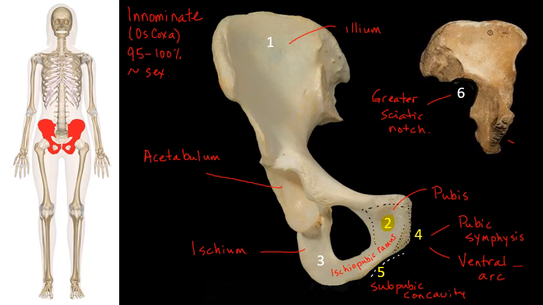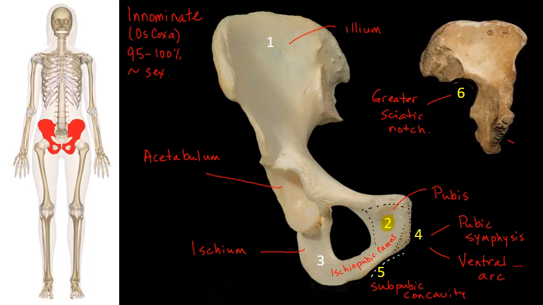The other area that I need you to focus on for taking pictures, data collection, go back to yellow, is going to be that greater sciatic notch. It's going to tell us a whole lot about the sex of the individual in question, okay? So things that we need to focus on, again, I'm just going to come back to it with some white here.